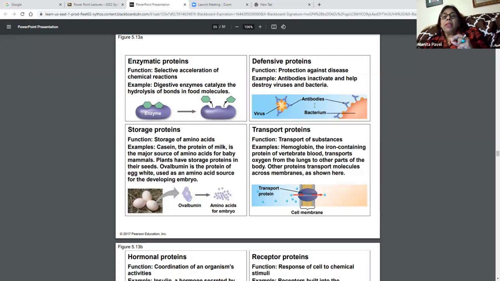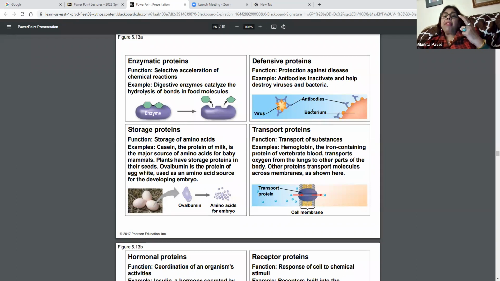Now, in this case, look at the antibodies. The antibody is Y-shaped. Look at the shape of the virus and look at our antibodies. Now, I want you to remember this one simple statement: shape of a molecule determines its function.